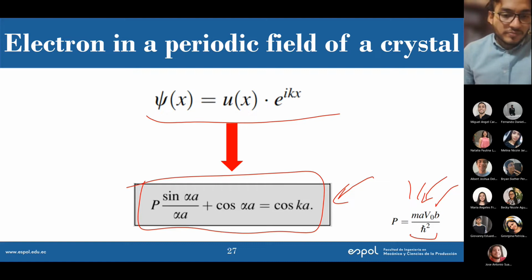Come on, guys. Can alpha be any value? There's a mathematical restriction where it can be 0, but other than that, we had this previous formula, which said that alpha was the square root of 2 times m times energy over the reduced Planck's constant squared.